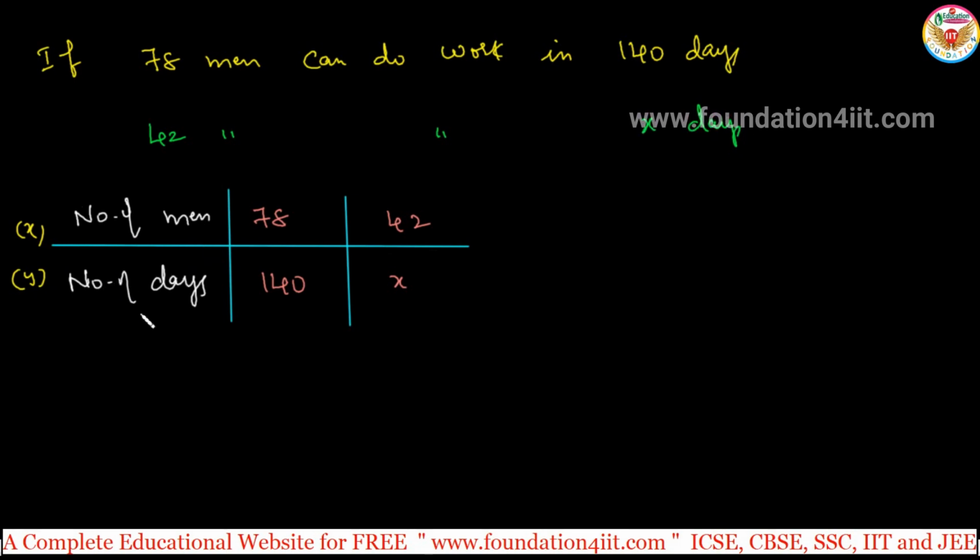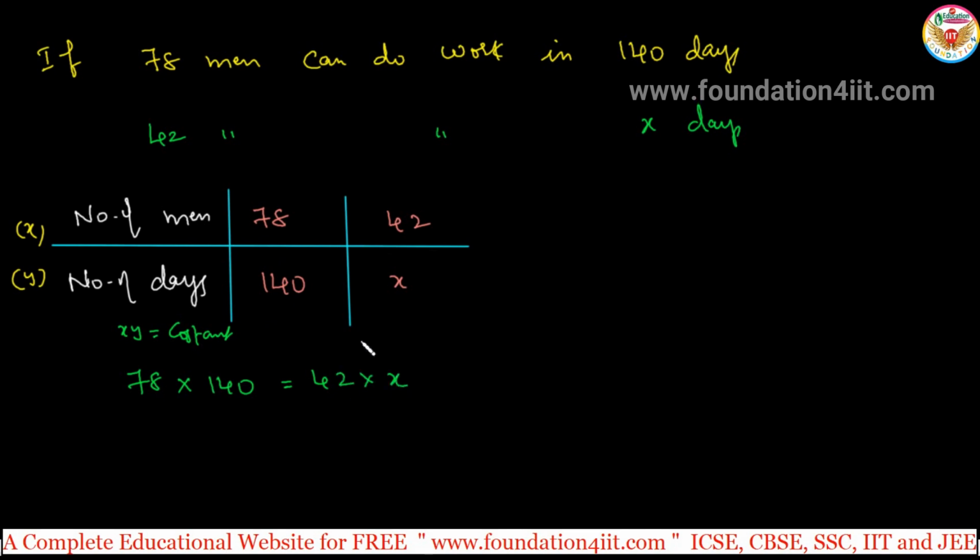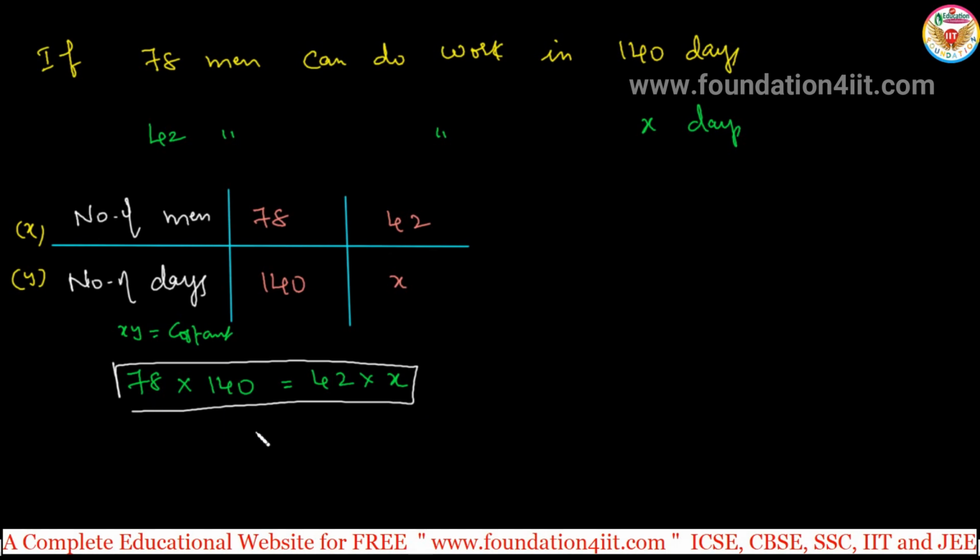Since it is inverse variation, xy is equal to constant. First quantity into second quantity if you multiply should be equal. Therefore 78 into 140 is exactly equal to 42 into x. From this statement you can find the x value.